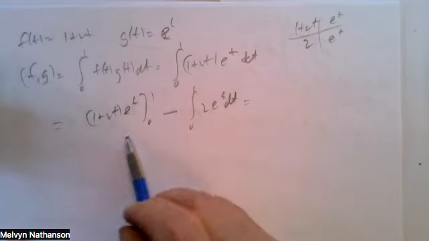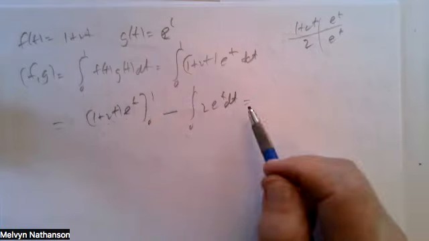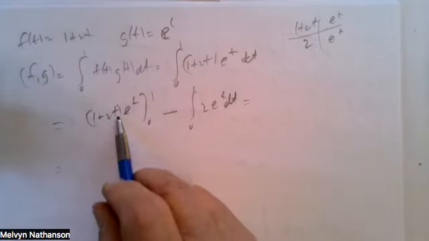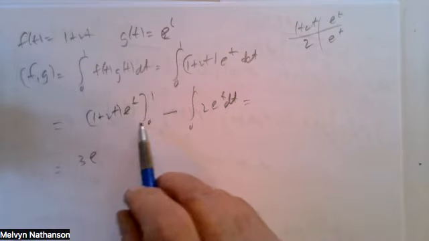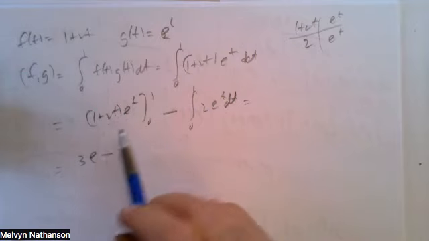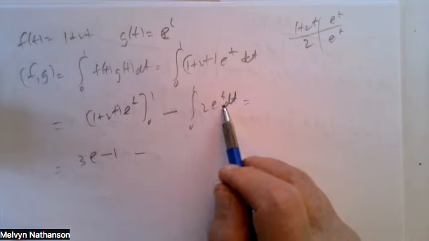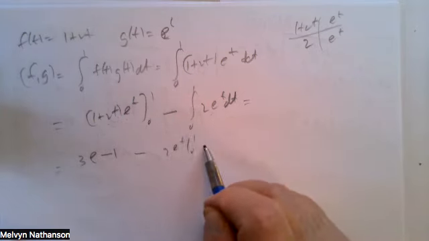What is 1 plus 2t times e to the t from 0 to 1? When t is 1, you get 3e, and when t is 0, you get 1. And what is the integral of 2e to the t? It's 2e to the t evaluated from 0 to 1.